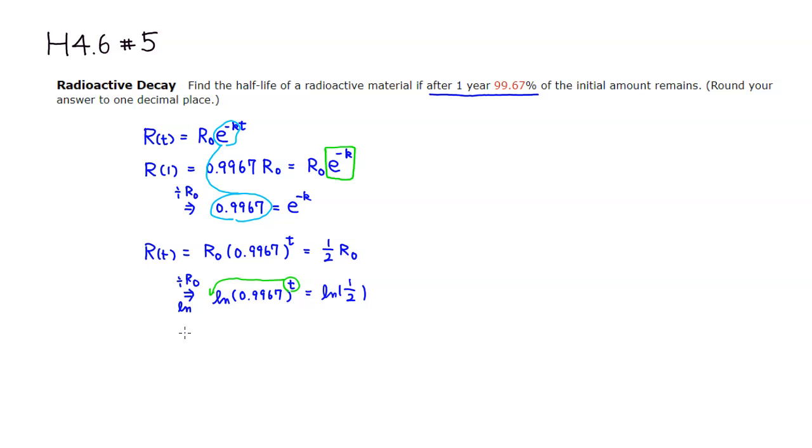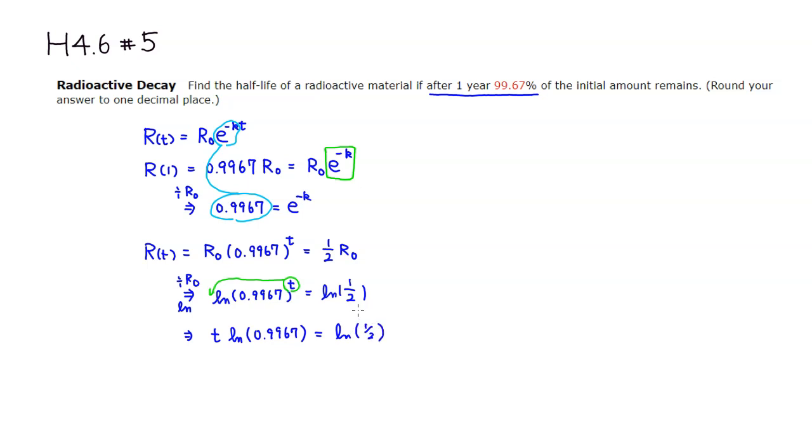So this is going to look like t times natural log of 0.9967, which is equal to natural log of 1/2.